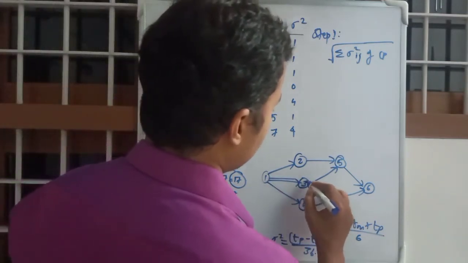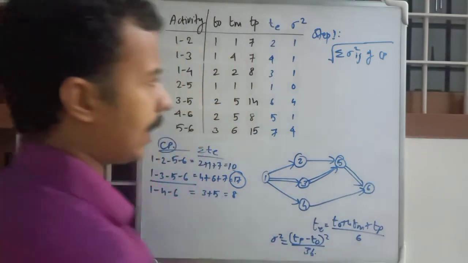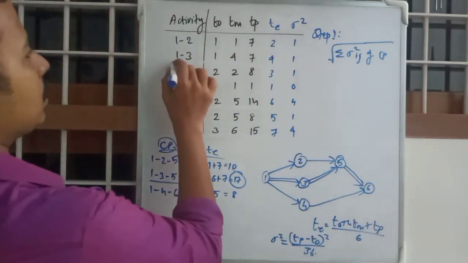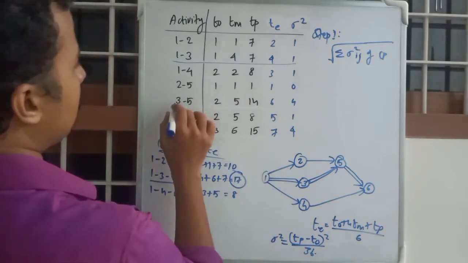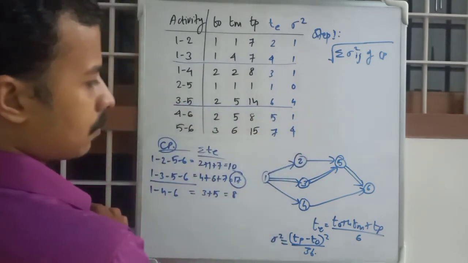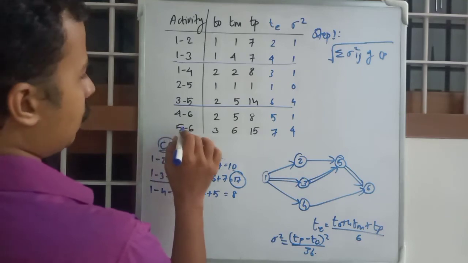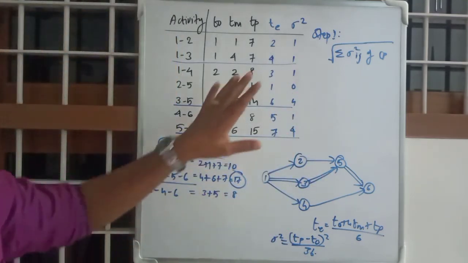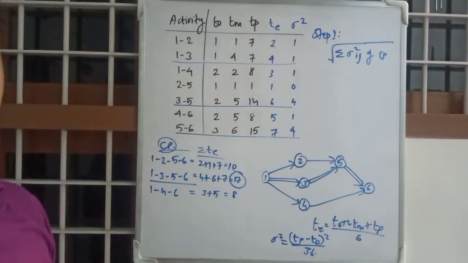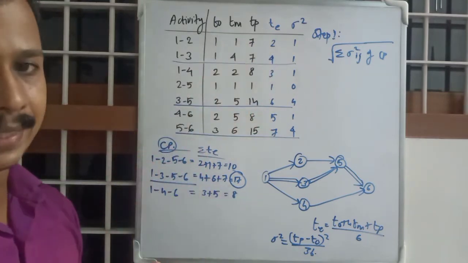So we denote the critical path by these three lines, and as we know, 1 3, 3 5, and 5 6, these three are the activities concerned with the critical path.